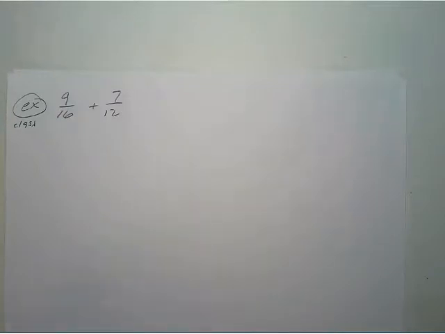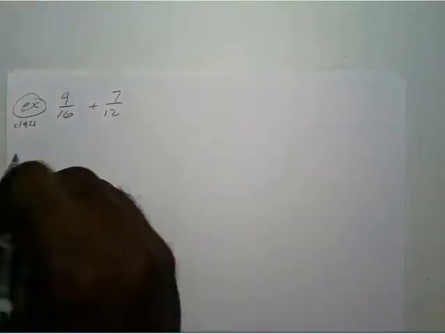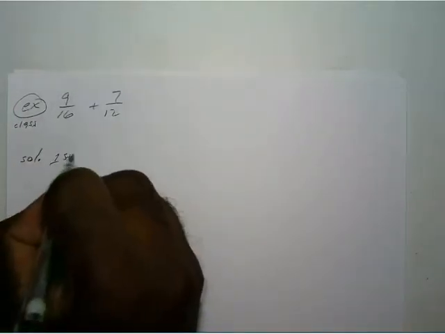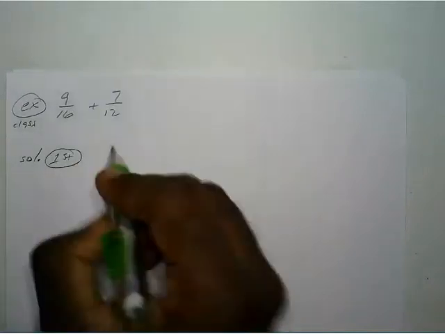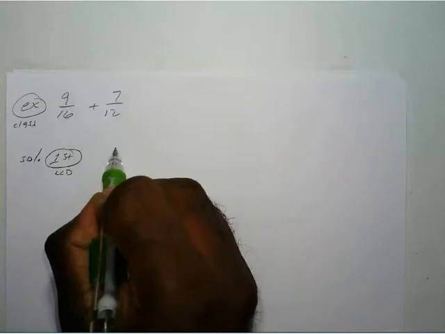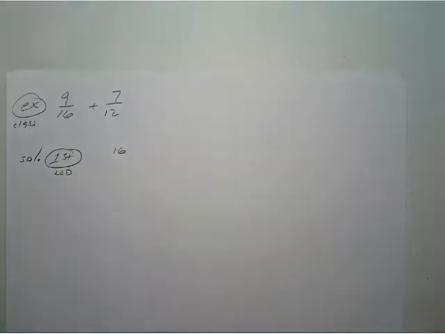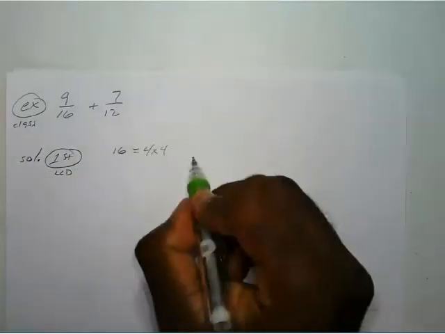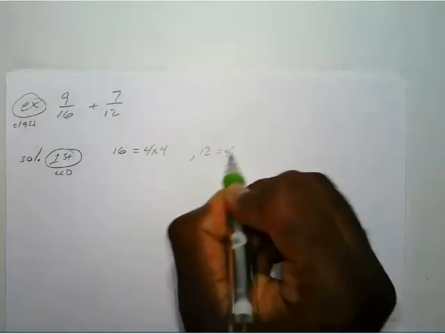All right, so assuming you've pressed pause and worked this one out, let's go ahead and verify it using your first step. Find your least common denominator. So you have 16, which is 4 times 4, and 12 is 4 times 3.